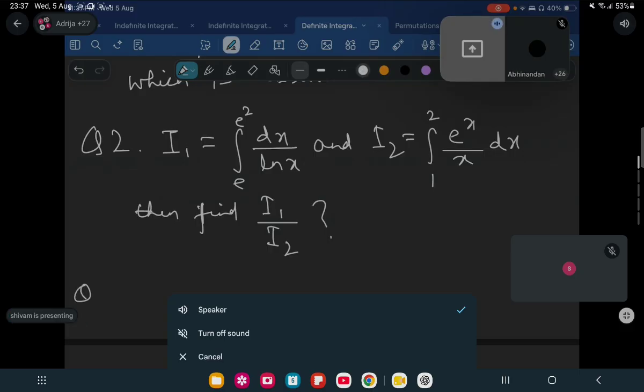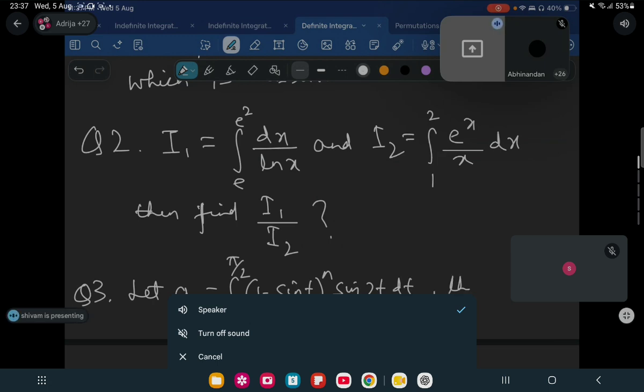Question number 3. Let an be equal to the integral from 0 to pi by 2 of (1 minus sine t) whole to the power n times sine 2t dt.